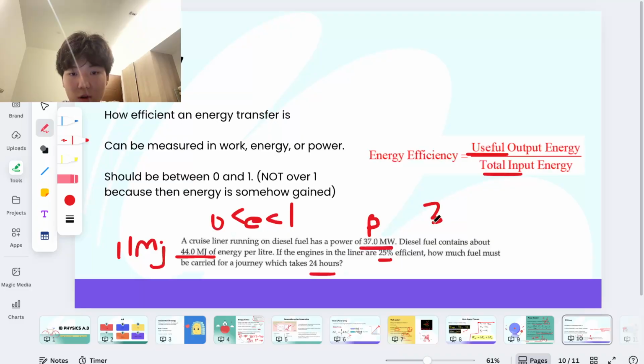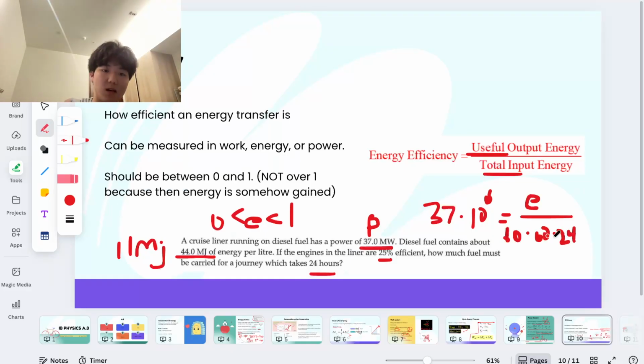So 337 times a million, which is about 6 times 10 to the power of 6, is equal to total energy, say E, divided by time, which is 24 hours. 60 seconds in a minute, 60 minutes in an hour, times 24.